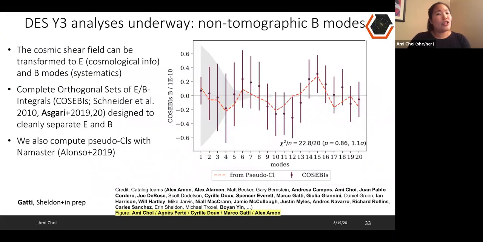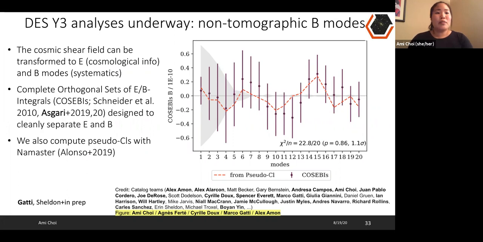We can look at the shear catalog data in a different way. The cosmic shear field can be transformed to E and B modes, where for large-scale structure, the E mode contains the cosmological info, and the B modes, if they're not zero, might indicate some systematics.